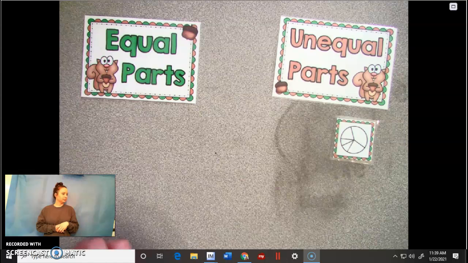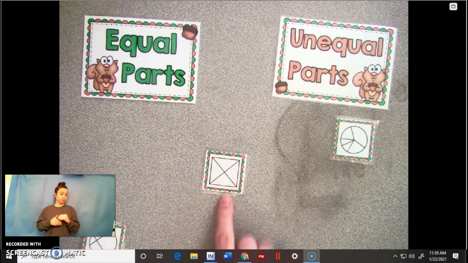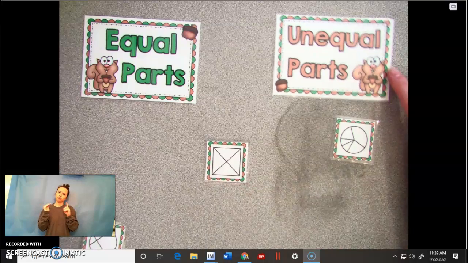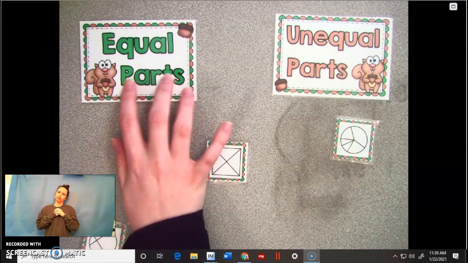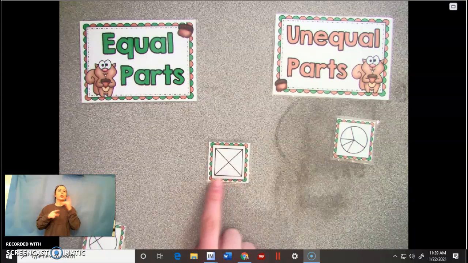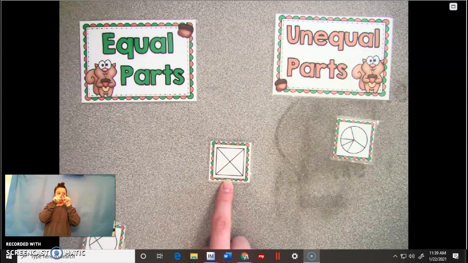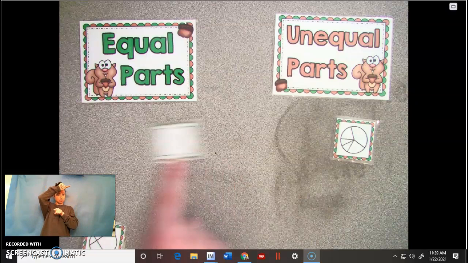Let's look at the next one. What about this shape? Equal or unequal? He's going to be equal. He has 4 triangles inside, and they're all the same size. So he gets to go over here.